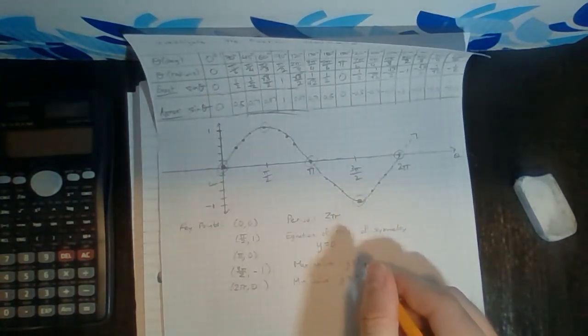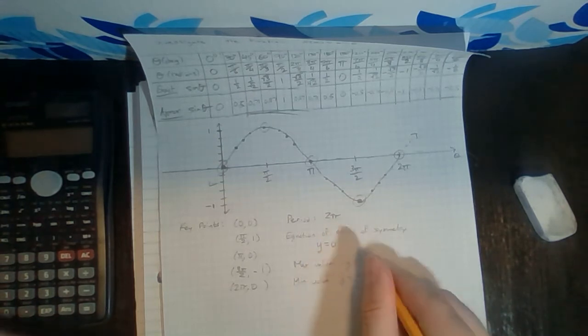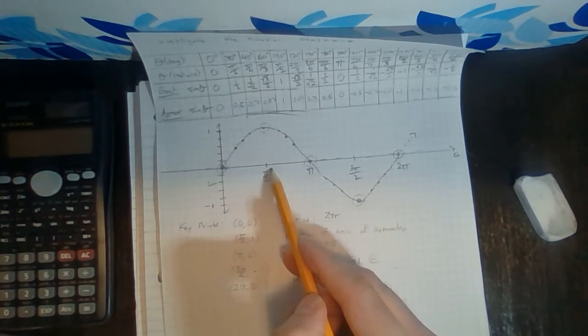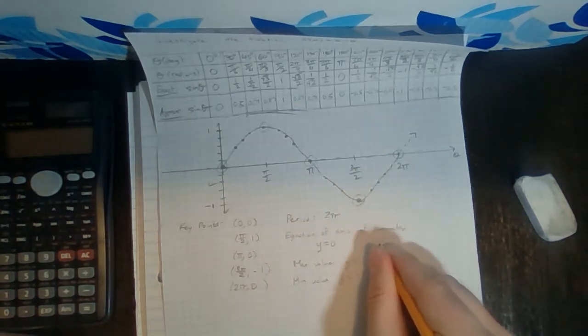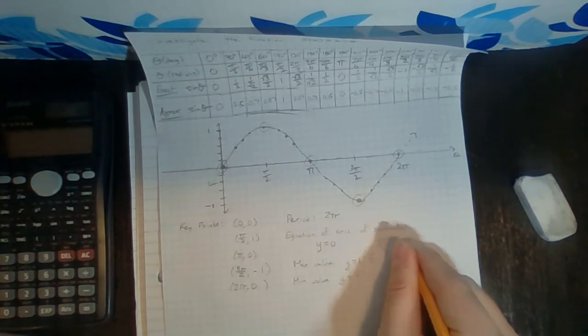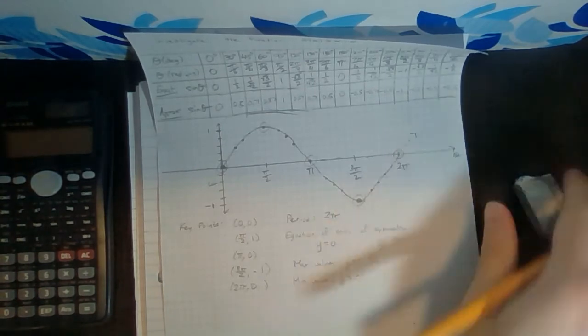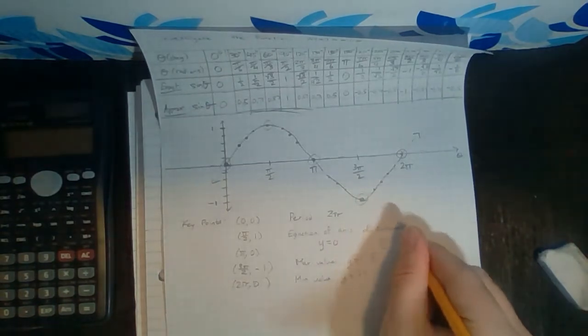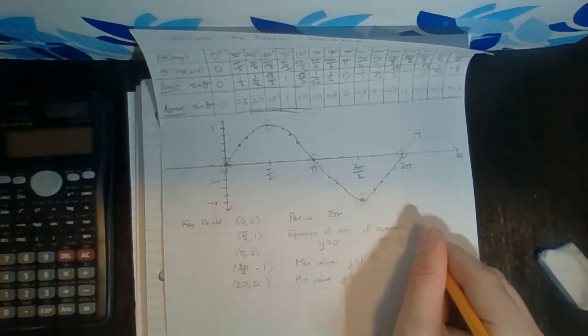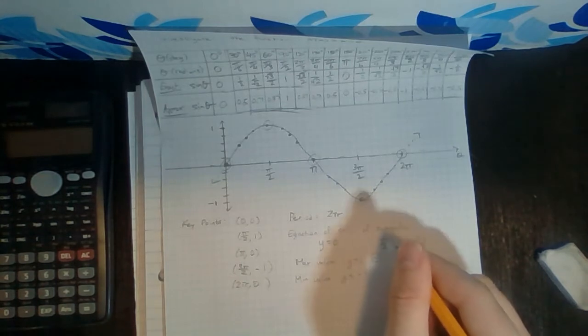We can specify where these maximum and minimum values happen. We have a maximum at pi over 2, and we go down, and we get another maximum at pi over 2 past 2 pi. So we get one at pi over 2, 5 pi over 2, and then 9 pi over 2, and so on.